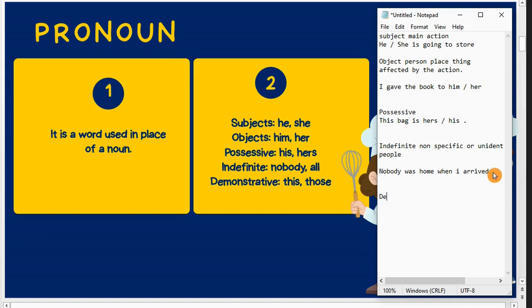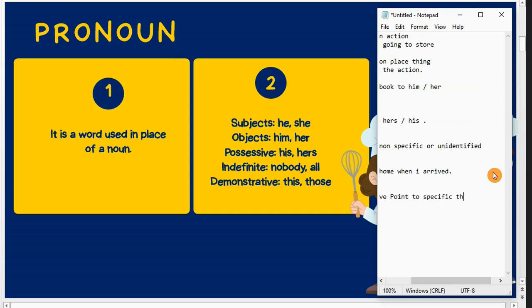Okay, now we talk about the demonstrative pronoun. Demonstrative pronoun means pointing to specific things.